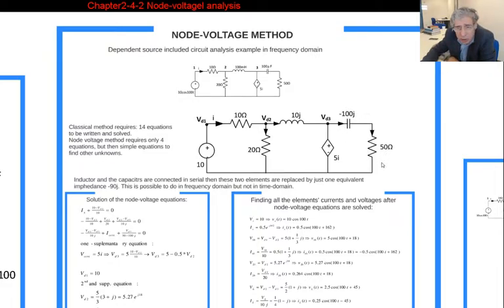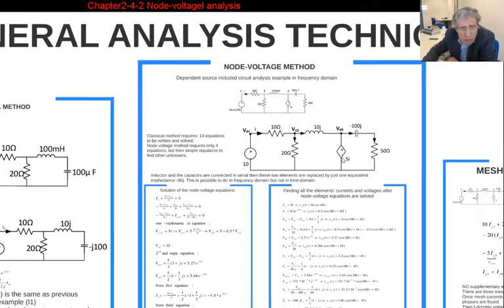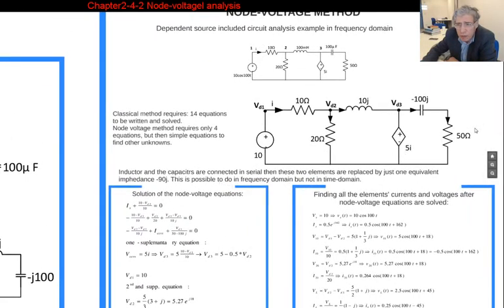That impedance is going to be 50 minus 100j. So therefore, I do not need to write another node equation here.